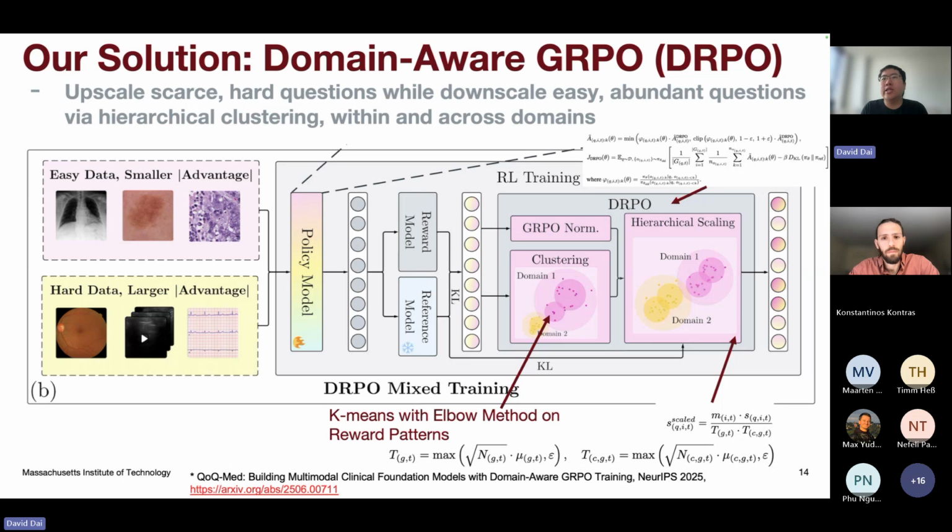The model will not learn anything from this sample. And we see this kind of pattern more often as we move towards the later stage of training, where the performance saturates.